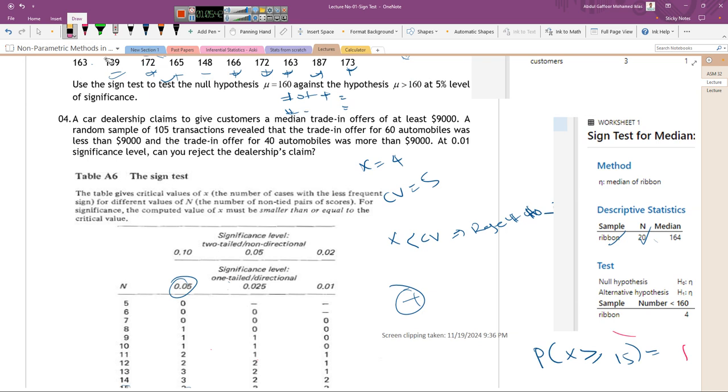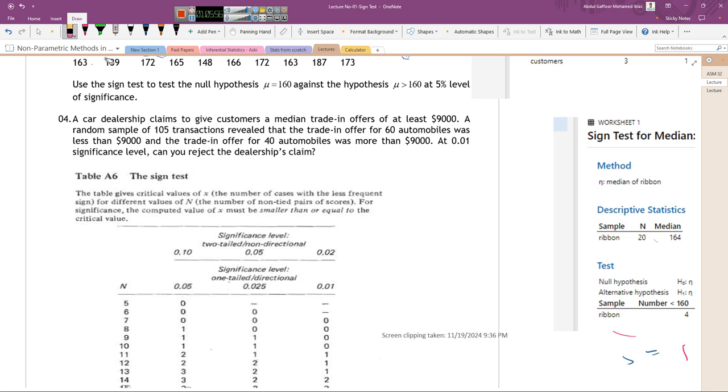Let me erase all the annotations so that we can conveniently understand the question. Okay, so try to understand. Here the car dealership claims to give customers the median trade-in equal to this, right?